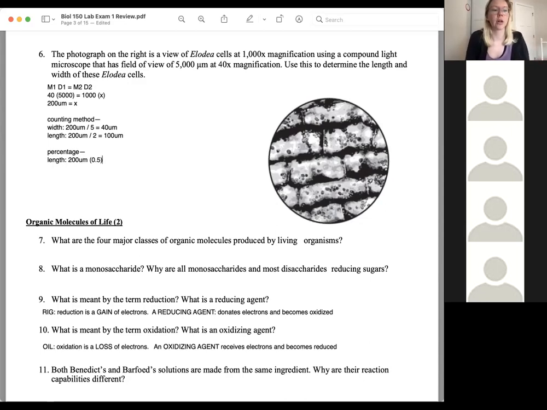So 200 micrometers times 0.5, and you still come up with the same answer that we got up here. Different way to get the same answer. Either way is acceptable. Sometimes it's easier to use one method over the other, and it's really just up to your preference. Okay. Thank you. Yep.